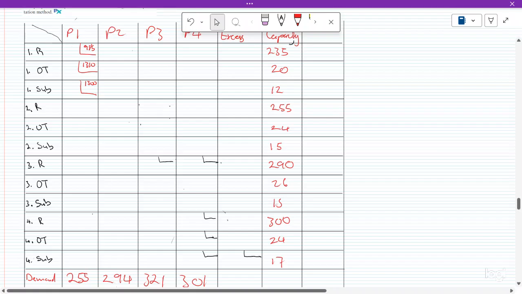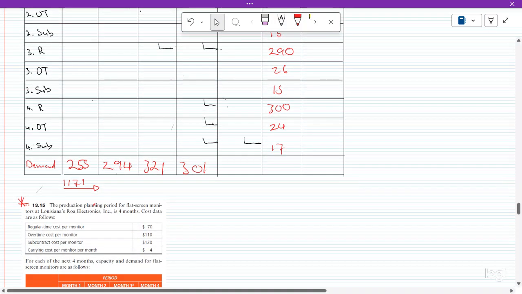235 plus 20 plus 12 plus 22 plus 255 plus 24 plus 15 plus 290 plus 26 plus 15 plus 300 plus 24 plus 17, and I'm getting 1233.